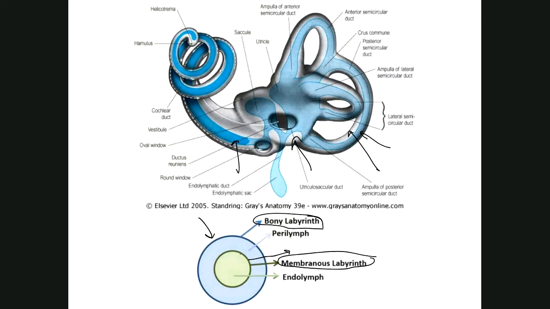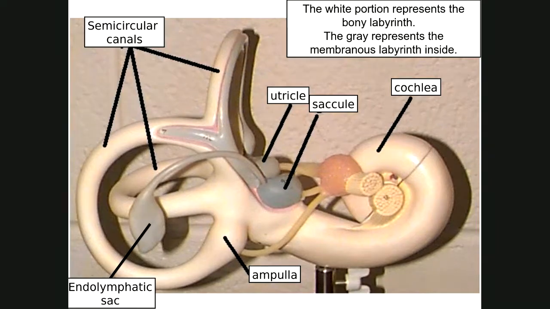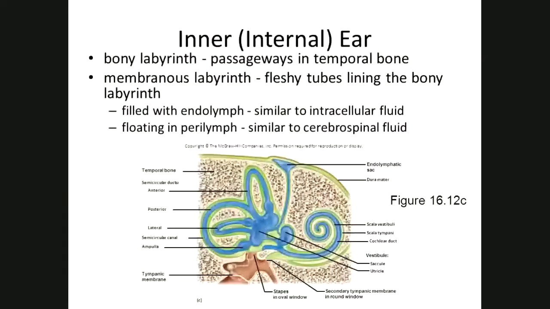Well, it's not dry in here. There are fluids in here. There are two different fluids. In this picture, there's a fluid, it's green, that's between the bone and the membranous labyrinth. This is called perilymph. Peri means around. So it's around the membranous labyrinth.